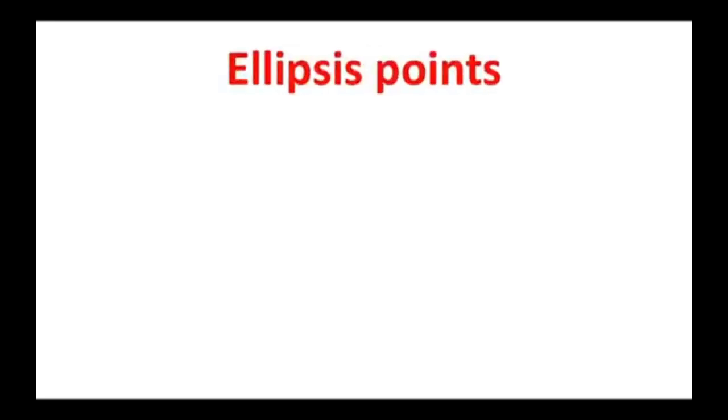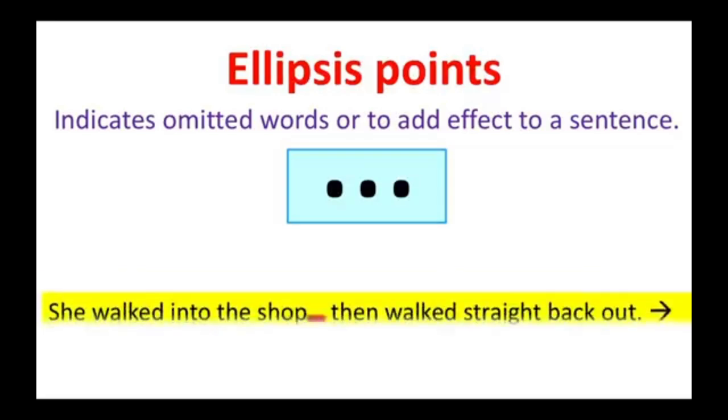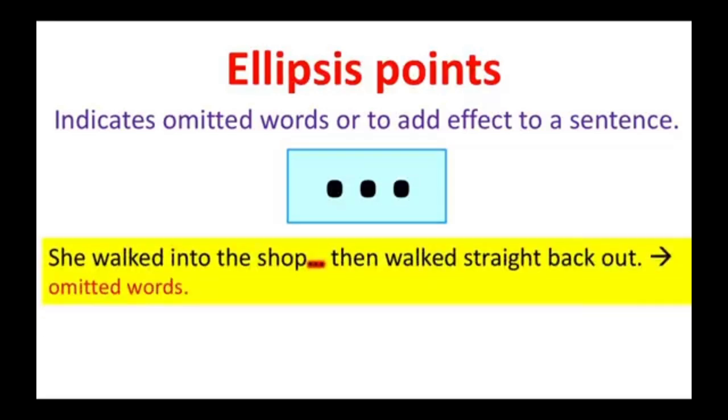Ellipsis points. Ellipsis points indicate omitted words or are used to add effect to a sentence. For example, she walked into the shop... then walked straight back out. This is an example of where words have been omitted.